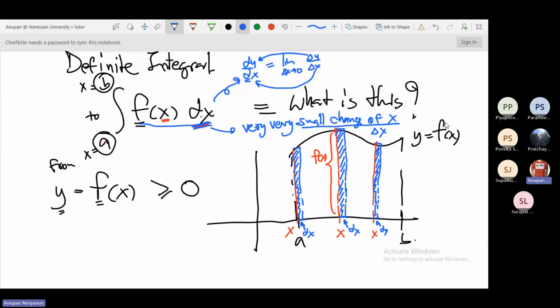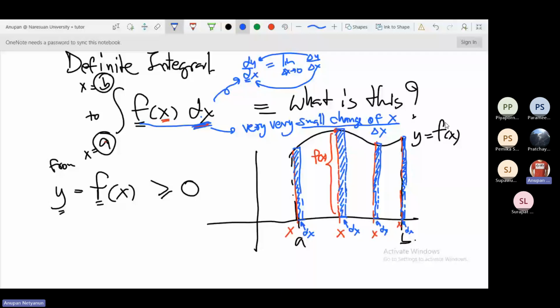Let's say my x is here again, f(x) is this height, I put the side dx over here, I form a rectangle, and its area is the product of this. Let me do one more: say my x is here, f(x) is this height, I put the small side dx in here, form the rectangle, and the product of f(x) and dx is the area of this rectangle. So for each x between a and b, f(x) dx is the area of a rectangle.